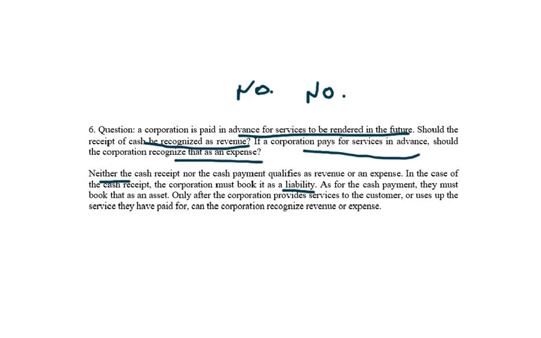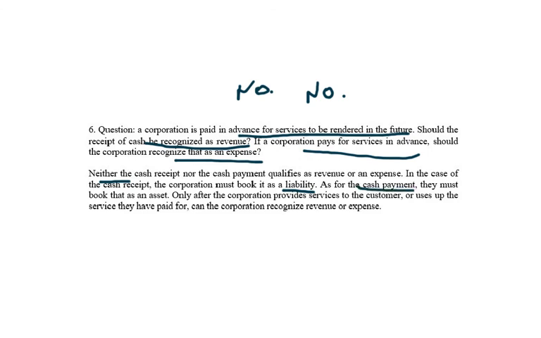That's the reality, because if you never provide the service, what would you have to do with that money? Pay it back, right? If you never provide the service, you would have to pay that back to the customer because you didn't do anything for them. So you technically owe that money. Therefore, that's how you should observe it in your bookkeeping as a liability at this point.